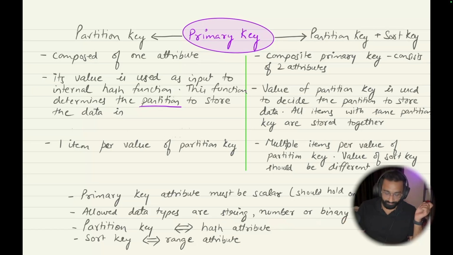Your partition key becomes a hash attribute, whereas your sort key is a range attribute. The hash is a unique item in your entire data set, whereas your sort key will be in a particular range, like 1 to 100, for a given partition. That is how it will group all your items with the same partition key in the same partition.